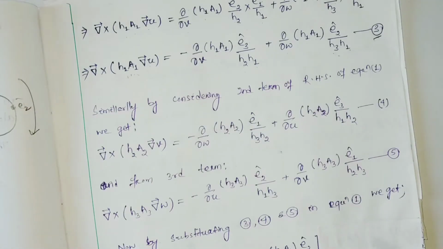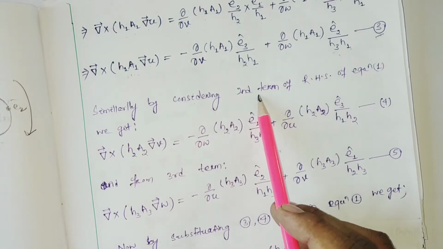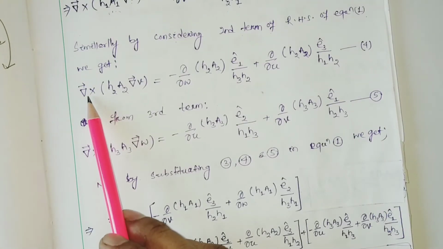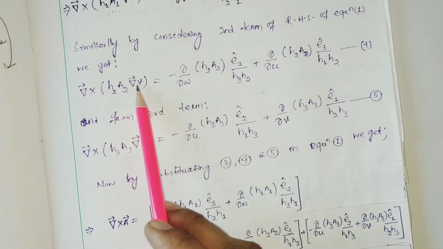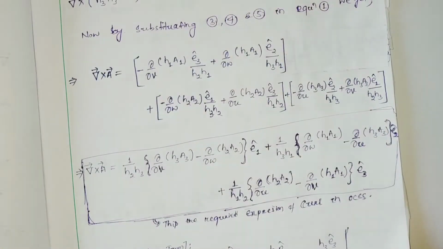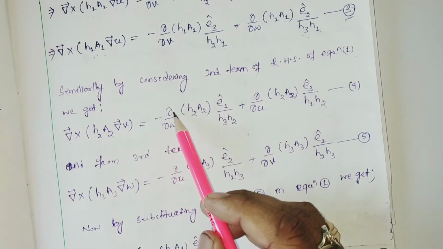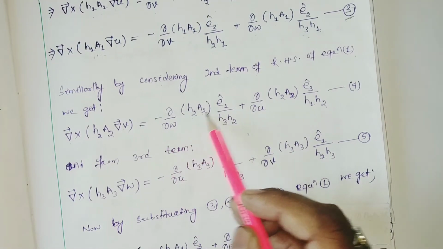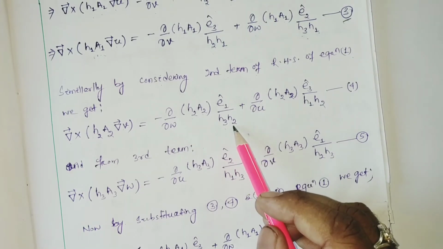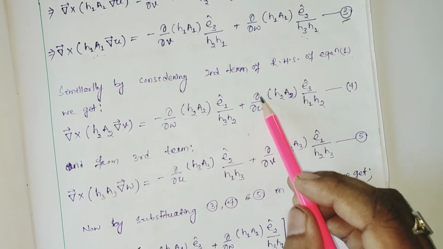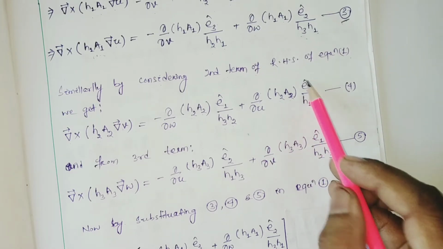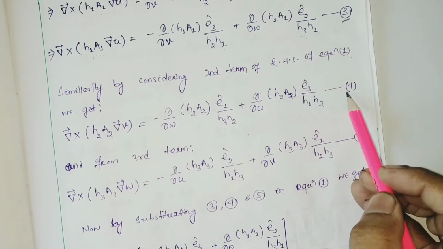By considering the second term of the RHS of equation number 1, that is your del cross H2A2 del V, it will be how much? Minus del by del W of H2A2 E1 cap by H3 H2, plus del by del U of H2A2 into E3 cap by H1 H2. Let this be your equation number 4.